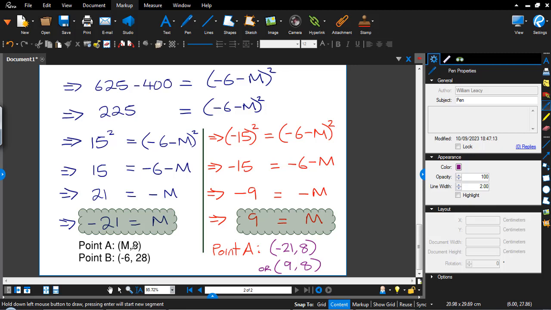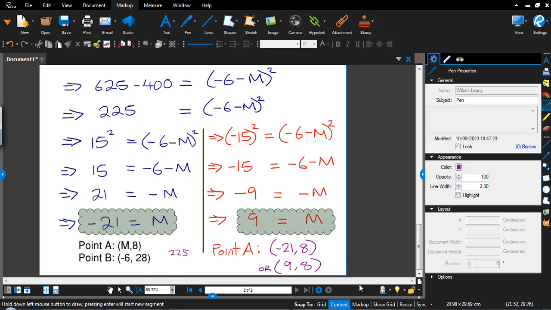So let's just check that out. The difference between -21 and -6 is 15. 15 squared is 225. The difference between 8 and 28 is 20. So 20 squared is 400.